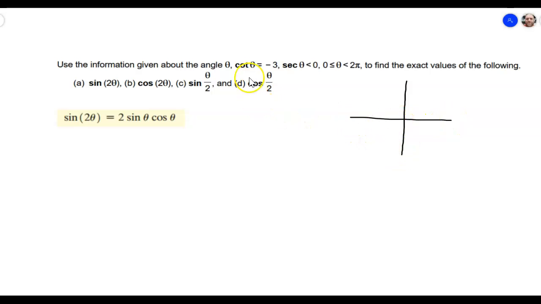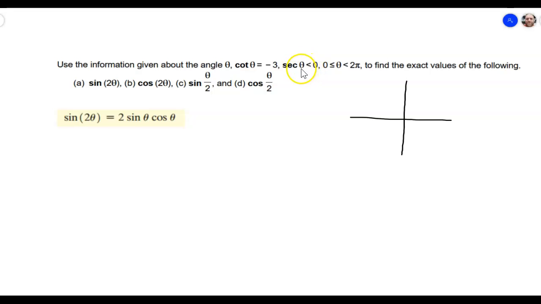It tells us that the cotangent of theta is -3. The cotangent is the same as the tangent as far as where it's positive and negative. Since it's negative here, the angle theta has to be either in the second quadrant or the fourth quadrant, because that's the only place where the tangent and the cotangent are negative.